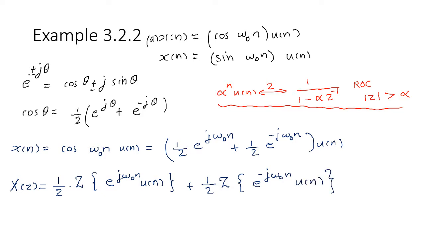To find the Z transform of this, let us identify alpha as e raised to j omega 0.